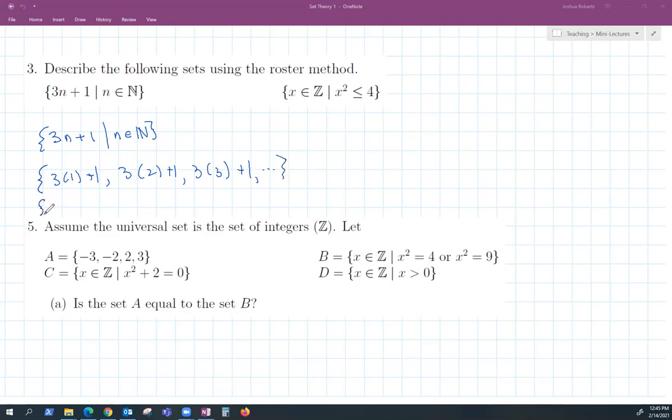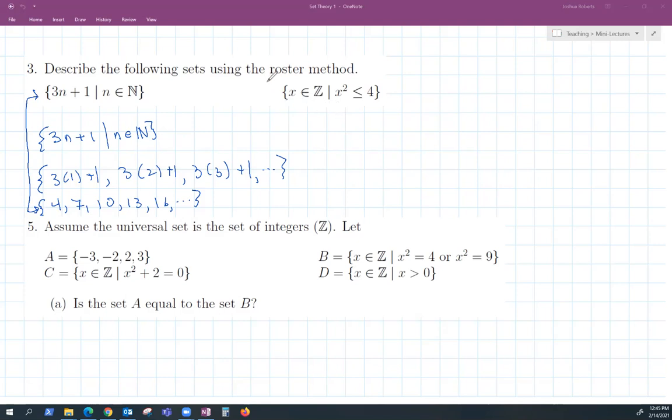So that is, I'm going to get 3 plus 1 is 4, 6 plus 1 is 7, 9 plus 1 is 10. So look what I'm doing, I'm just adding 3 to all of these numbers. And so that is how you would write that set using the roster method.